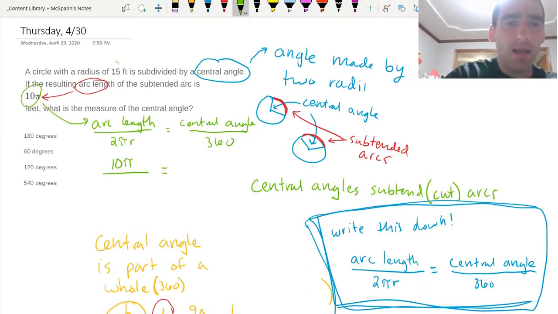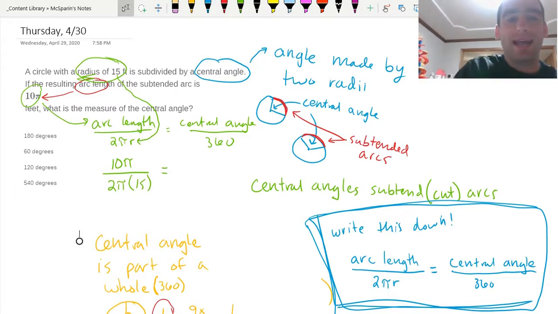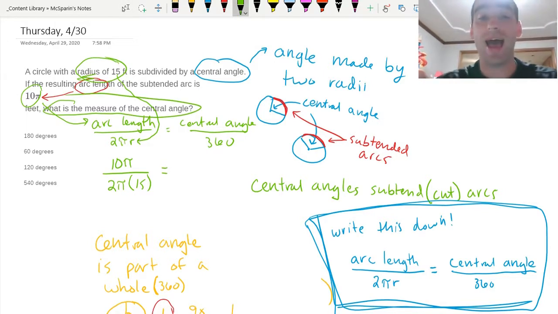Now, it gave me 15. That is my radius. So I'm going to take that 15 and watch where I put it. I put it right there in place of the radius. So now I've got 2 times pi times 15. Now, it's asking me what's the measure of my central angle.